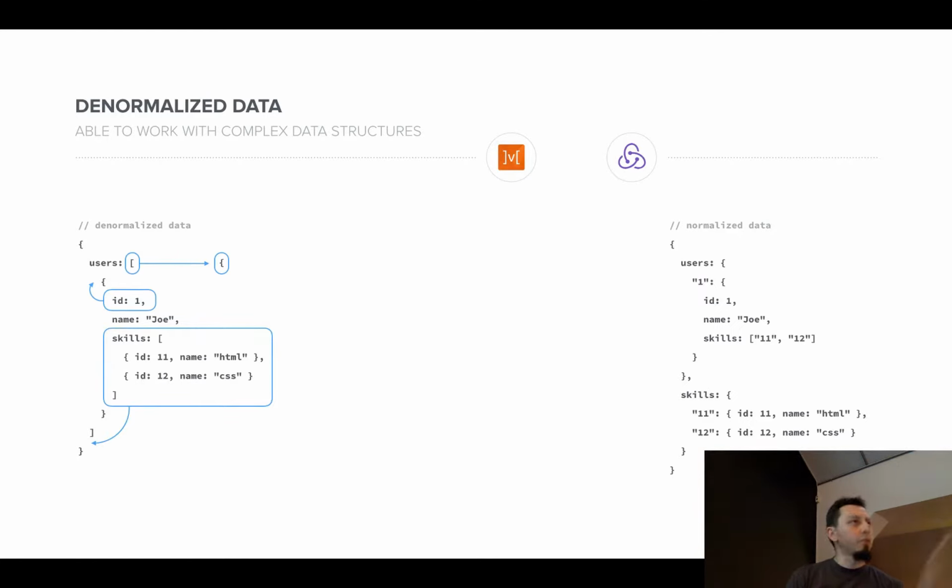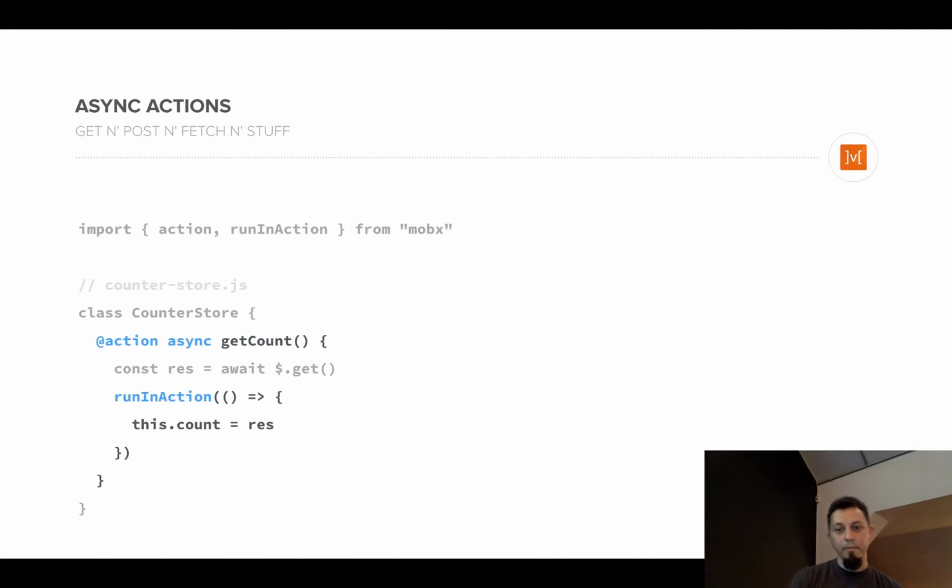Adi also discussed this last time when he talked about NGRX, right? It's way easier, yes. But if you have really deeply nested data structures, then it's really a pain to work with that data. There's also a library for this, called Normalizer, which does this work for you automatically.